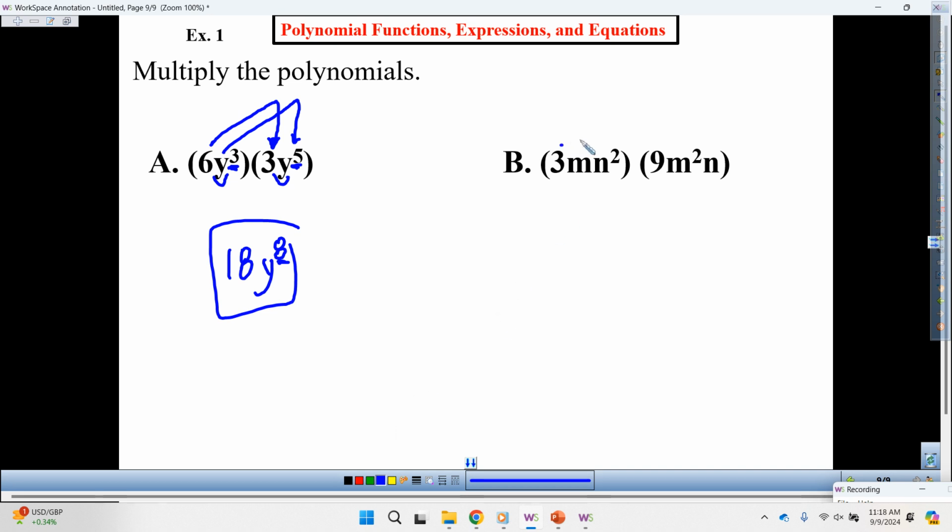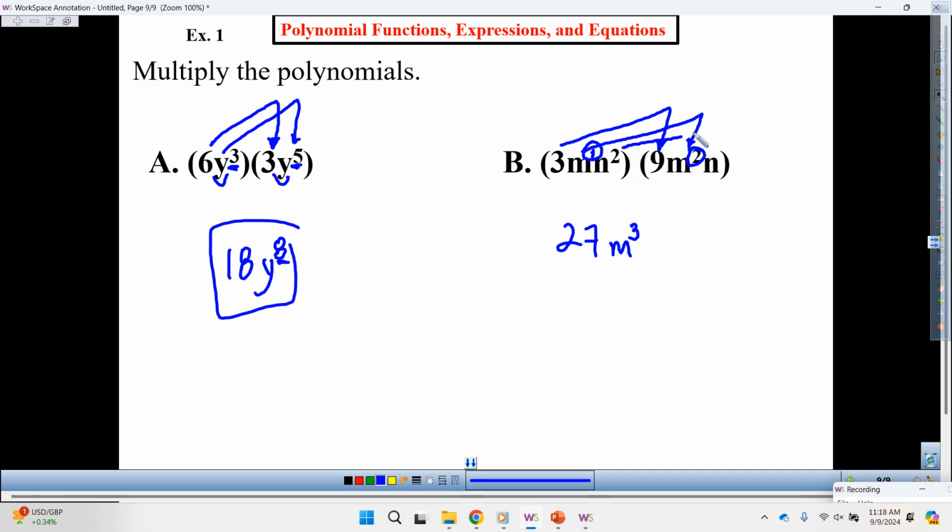Here it goes. What is 3 times 9? 27. What is m times m to the second? Tell your neighbor. That becomes m to the 3, because this one has a 1 plus 2. That is 3. Let's do it again.